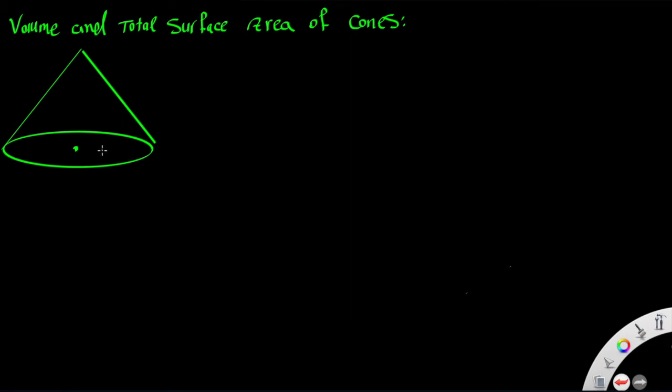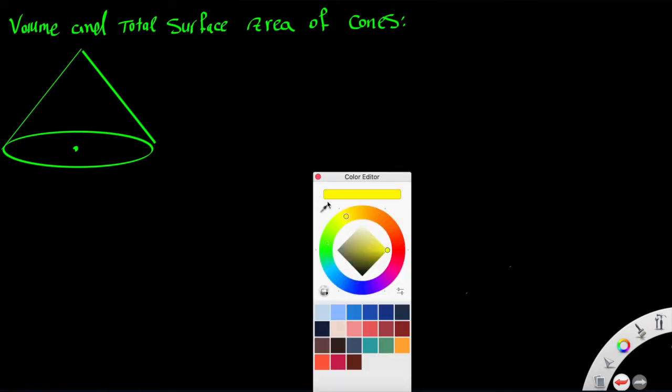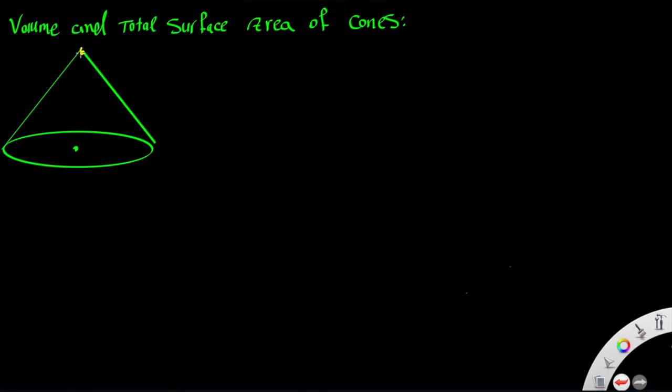A cone is a solid in which the base is bounded by a simple closed curve and the curved surface tapers into a point called the apex. This is called the apex.